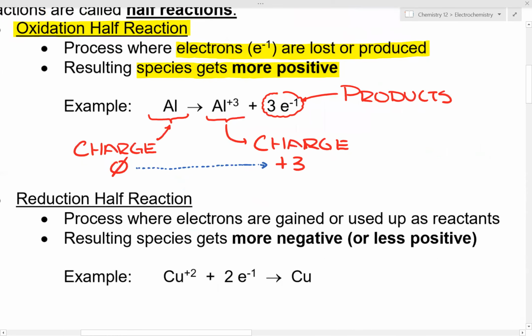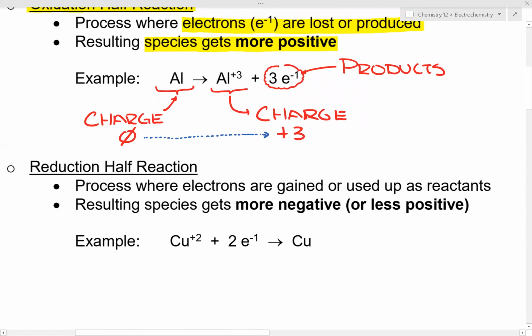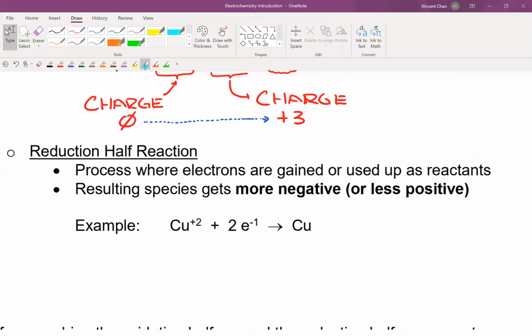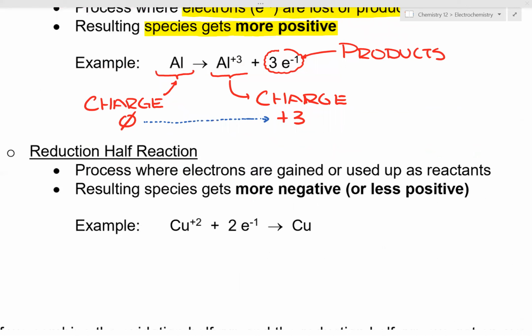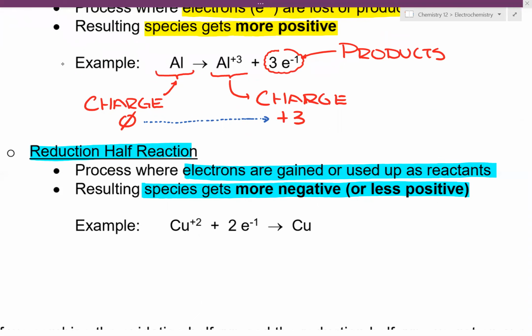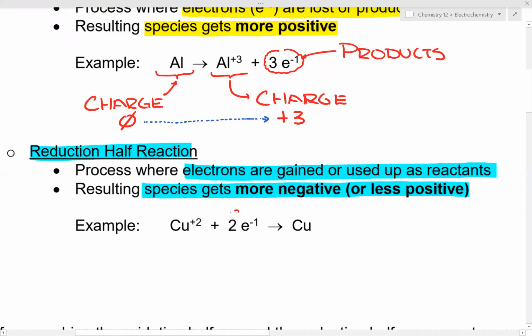Now, for reduction, in this particular case, what you have is a process where electrons are gained or used up as reactants, and the species gets more negative or less positive. Again, if I give you an example here, take a look at the location of these electrons.